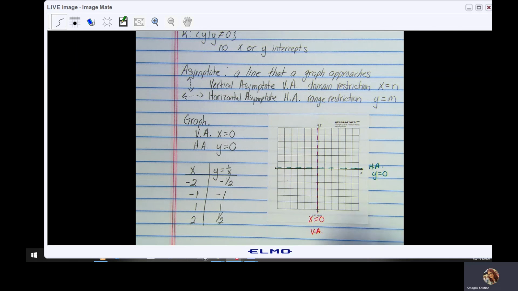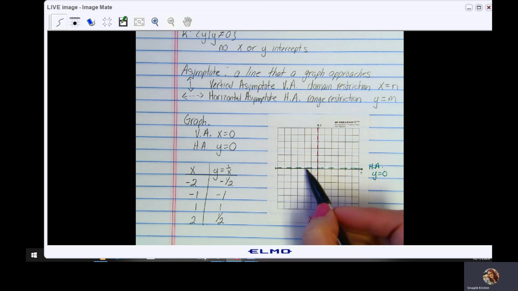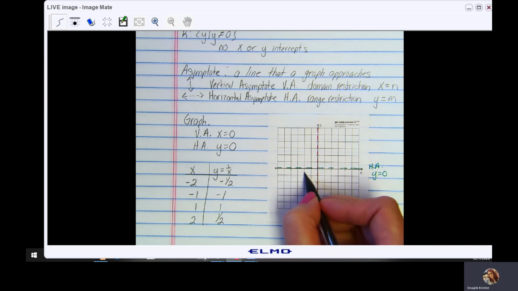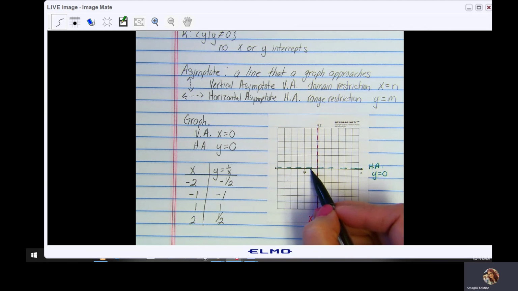So now let's just graph these few points. This is really all you need. We might want to pull in a third on each side. So when x is -2, my y value is -1/2. When x is -1, my y is -1.